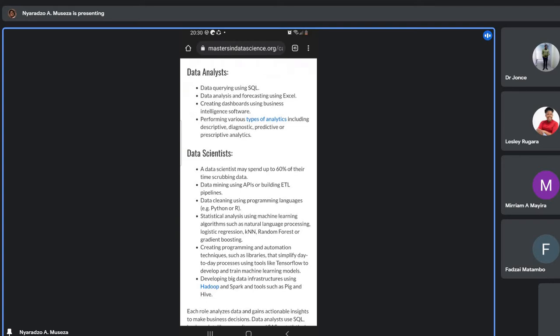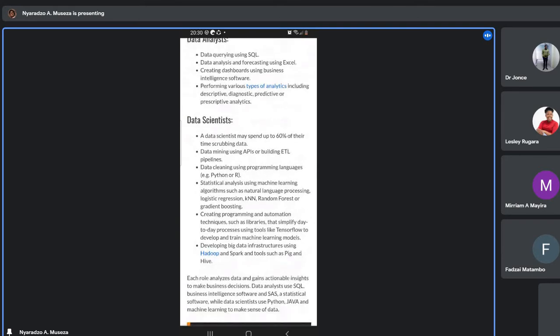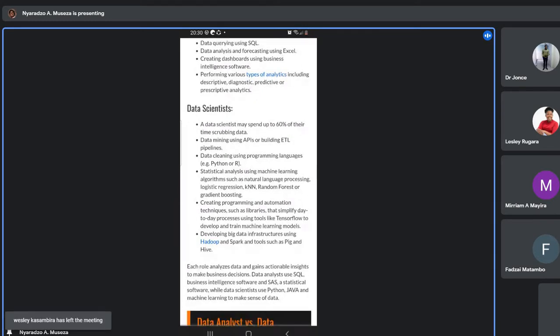Then for the data scientists, they spend up to 60% of their time scrubbing data. By scrubbing, I'm not sure, does it mean cleaning or does it have a different meaning?